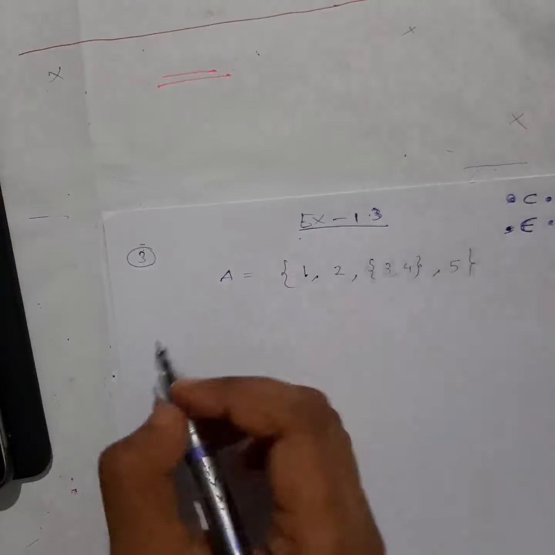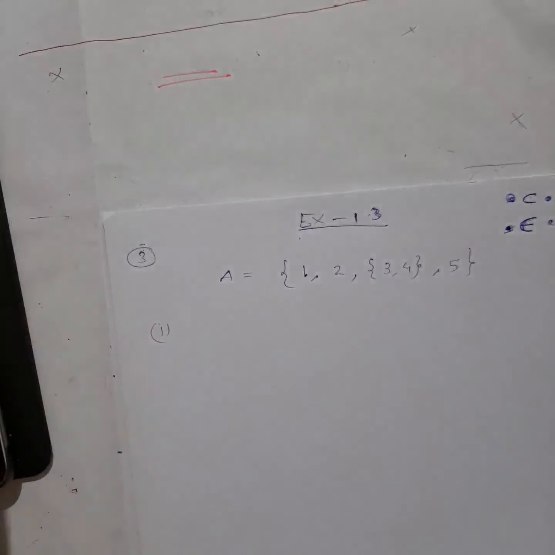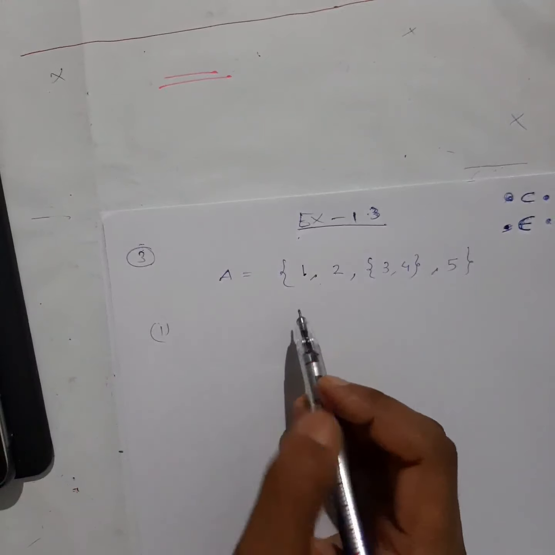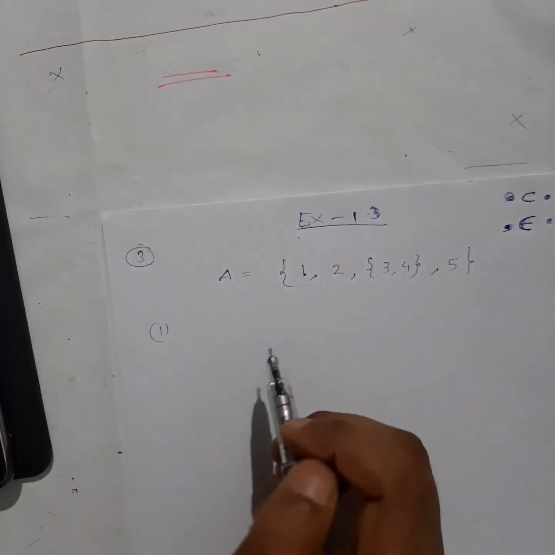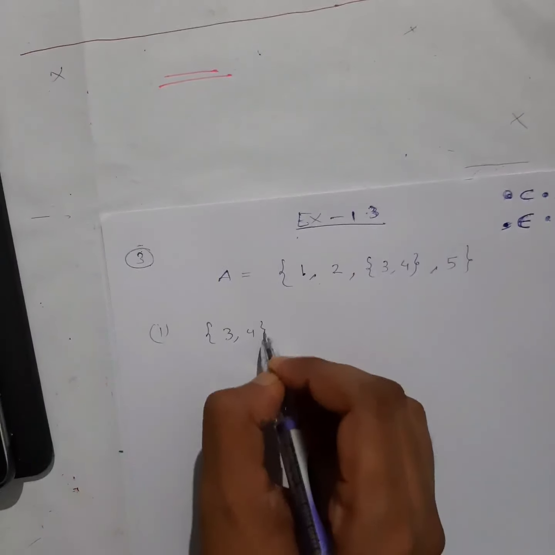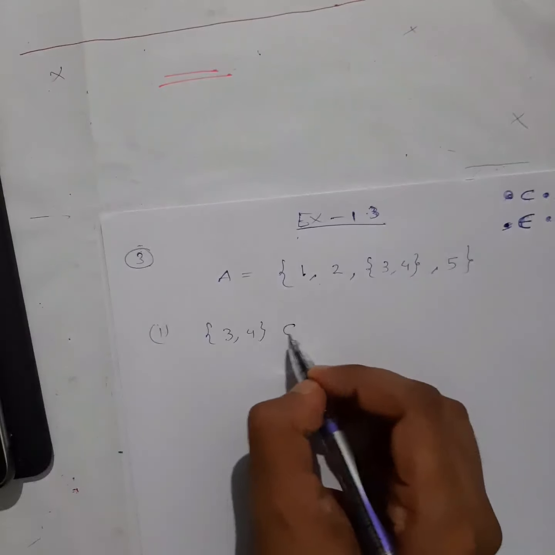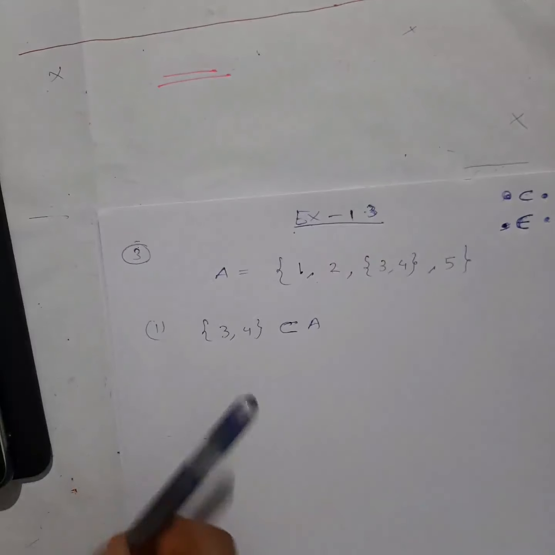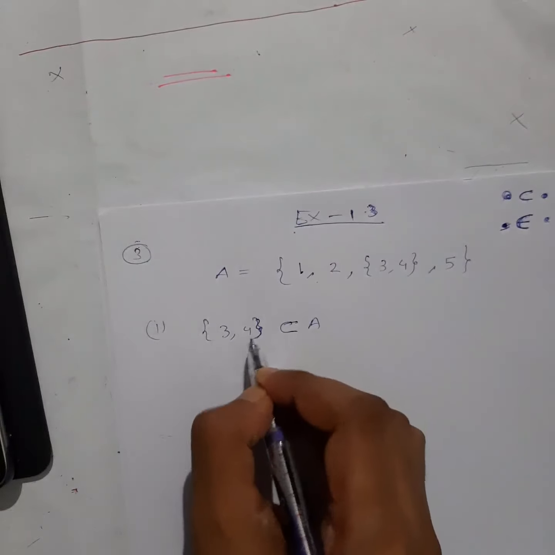So see carefully what question number 1 says. The question is whether it is correct or incorrect, you have to find, right? So number 1, {3, 4}, they are saying it is a subset of A. Now some of you will get confused by this one. You might think that this is a set symbol.